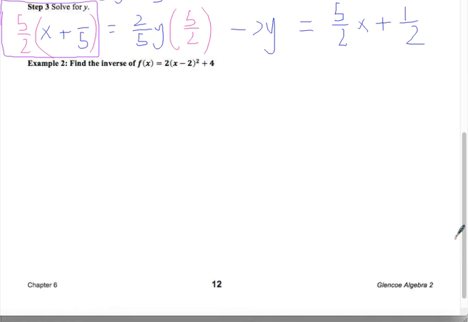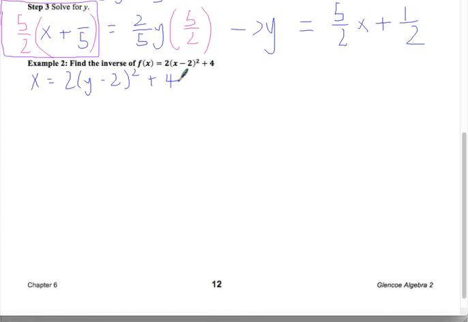So a more complex example is if we have f of x is 2 times x minus 2 squared plus 4. So we're just going to swap x and y again. So x equals 2 times y minus 2 squared plus 4.